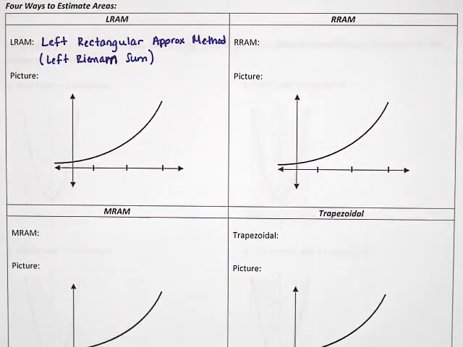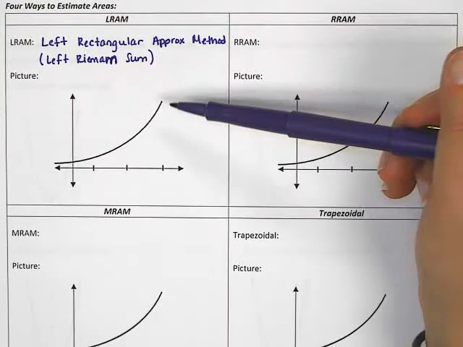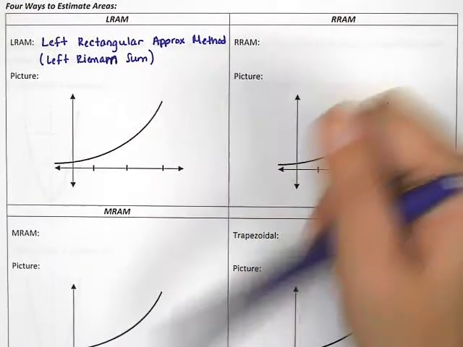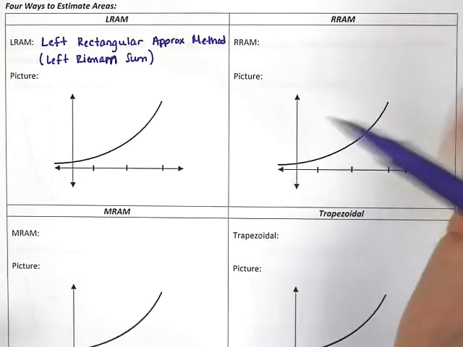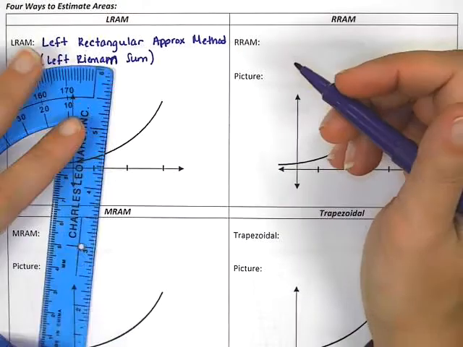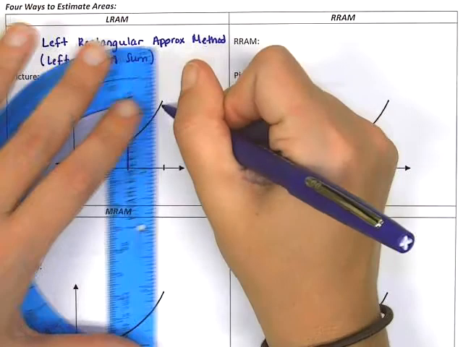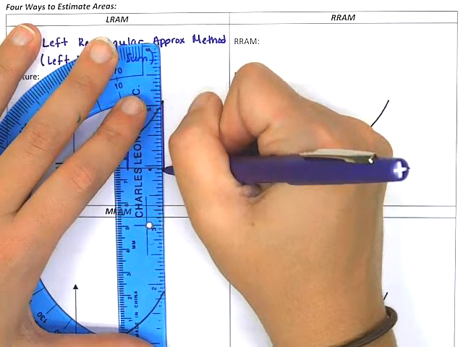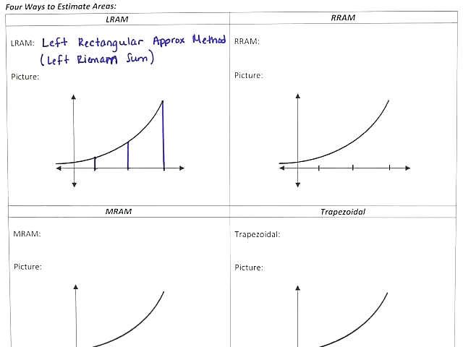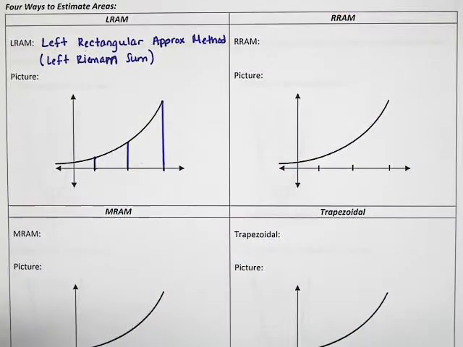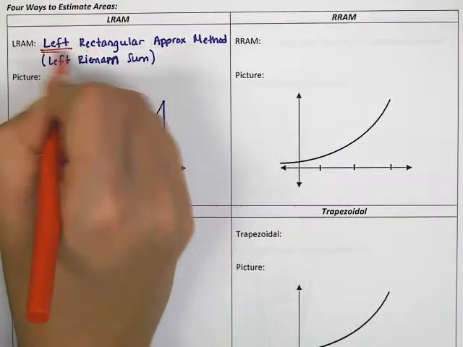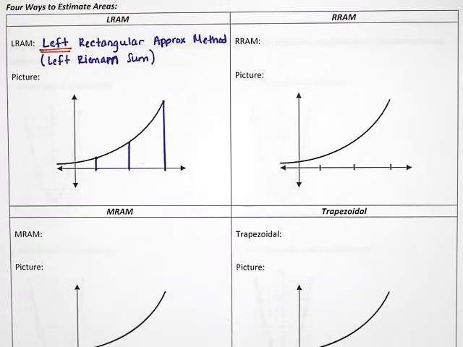So here's what this says. If we can't get this exact area, because this is not a perfect rectangle, it's not a perfect triangle, it's not a perfect semicircle, then what we do is we divide this up into sections. We choose the left side of each section and we make rectangles.